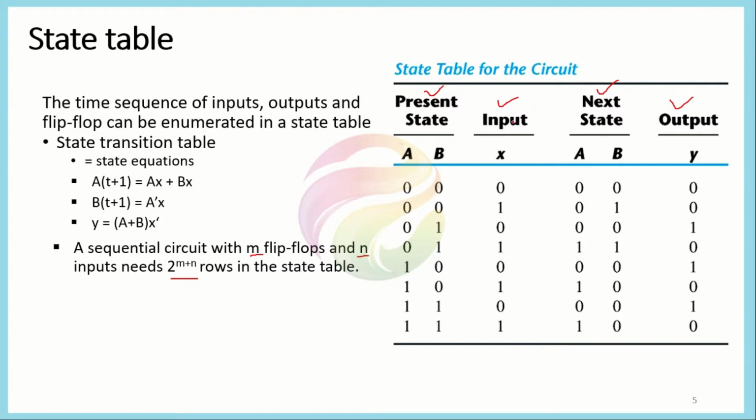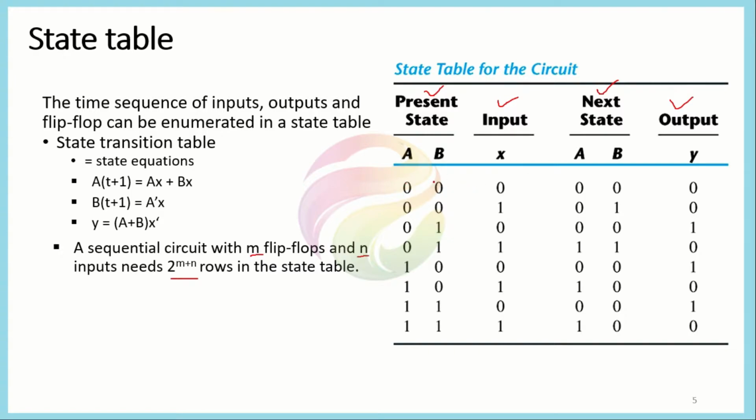And how do we calculate all these values? First, we have to look at the present state value. Say we start by considering that the outputs of both flip-flop A and flip-flop B have the value 0 0. So 0 0 here is representing the current state of the system.